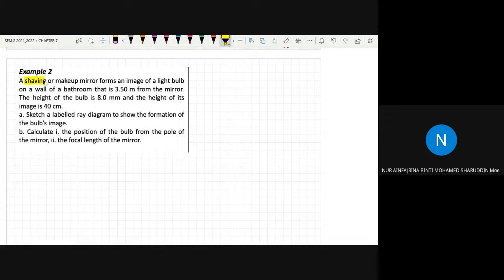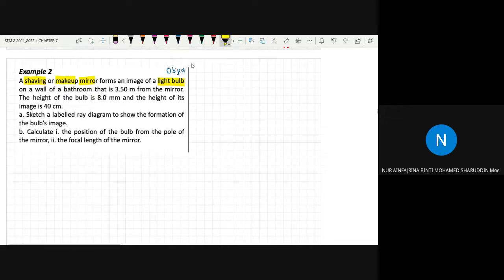It says a shaving or makeup mirror. Shaving or makeup mirrors we can usually see when we go to a hotel, the mirror that can be pulled out. That is the shaving or makeup mirror. It will form an image of a light bulb, so our light bulb is our object. It means in the mirror image we can see the light bulb.